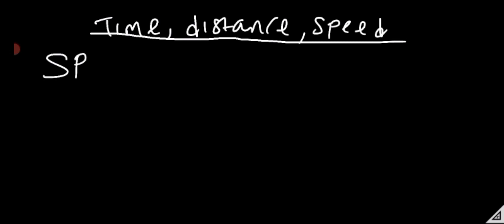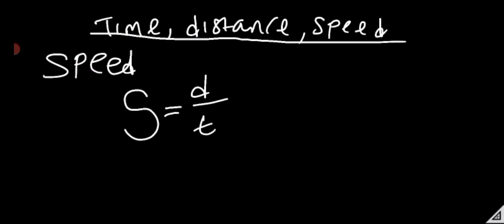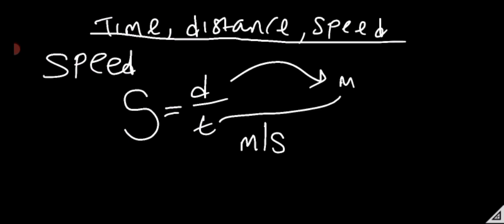You can write this down: speed is equal to distance over time. The unit for speed is meter per second, because the unit for distance is meter and the unit for time is seconds.